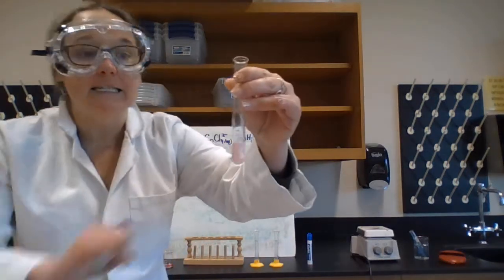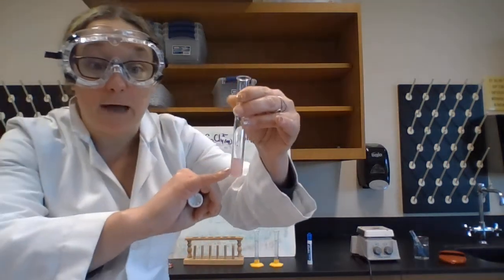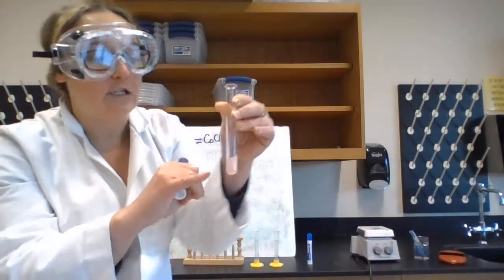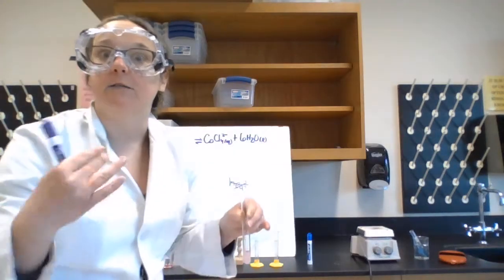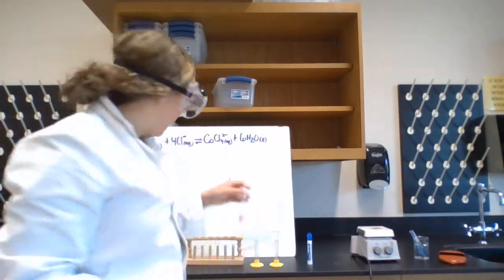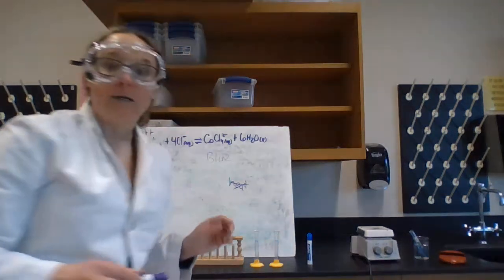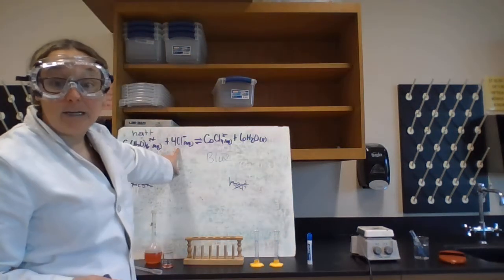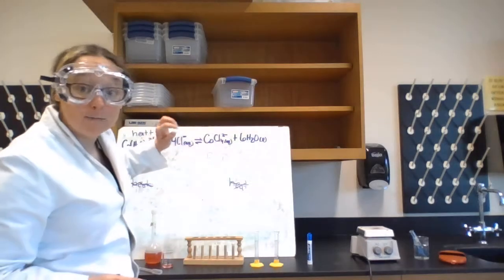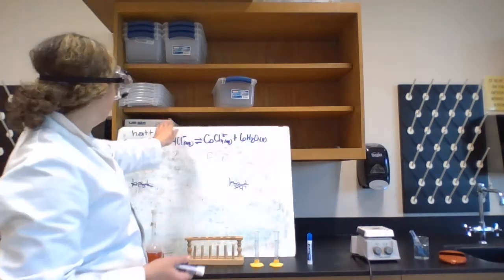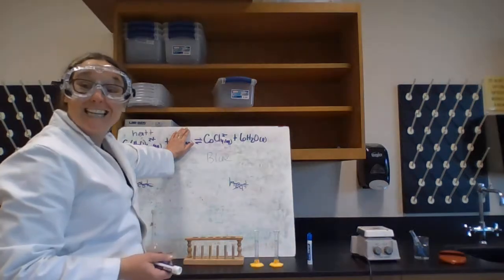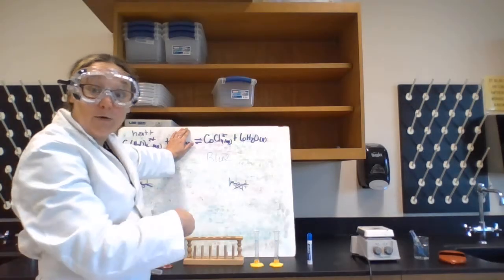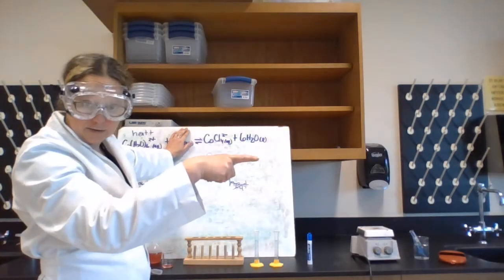Now with this test tube that we were working on, if we can just come back to this real quick, if I was to continue to add silver chloride, or I'm sorry, silver nitrate, what do you expect to happen? Chloride is being used up here to form silver chloride. So I am taking it away. So would we ever see a shift to the blue side?